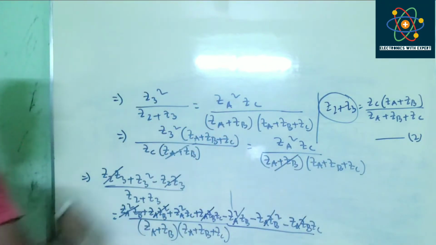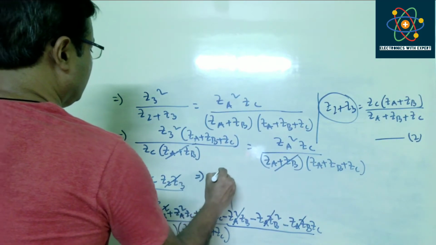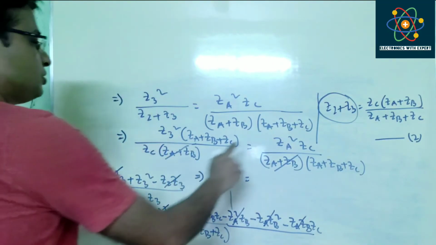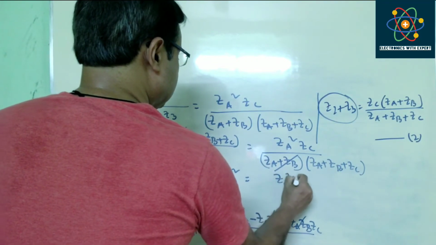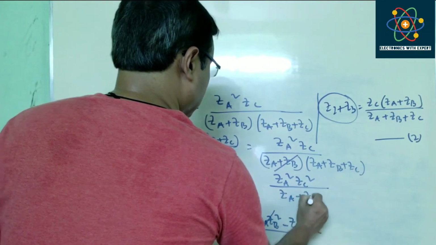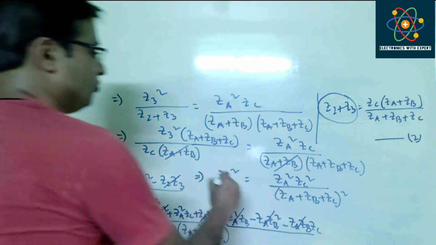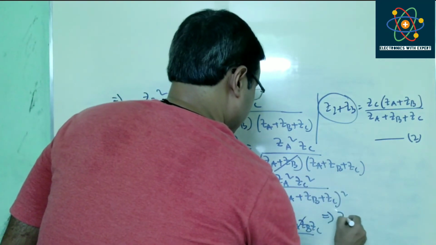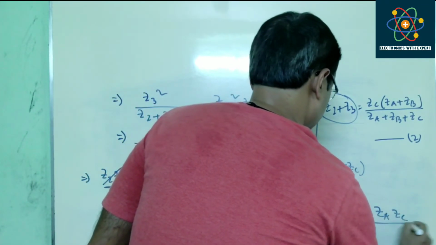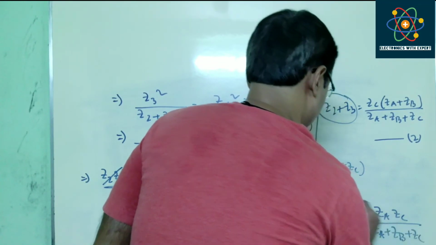So we can cancel ZA plus ZB from these two, and we get Z3 square equals ZA square ZC square divided by ZA plus ZB plus ZC whole square. That means we can get Z3 equals just ZA into ZC divided by ZA plus ZB plus ZC.